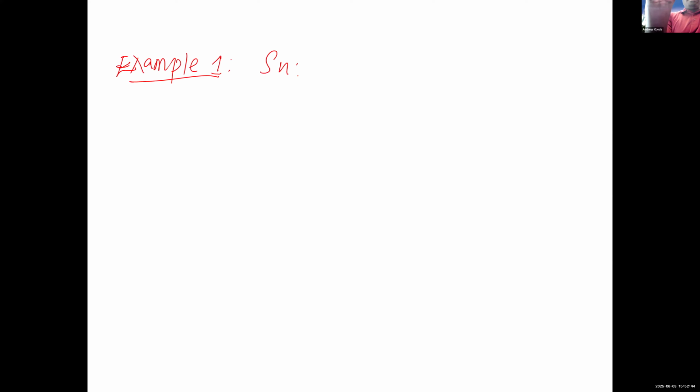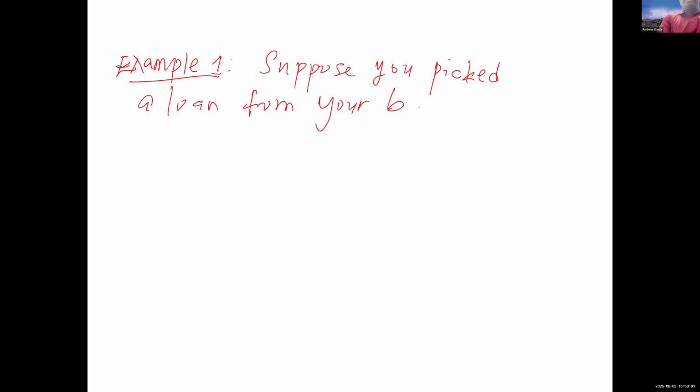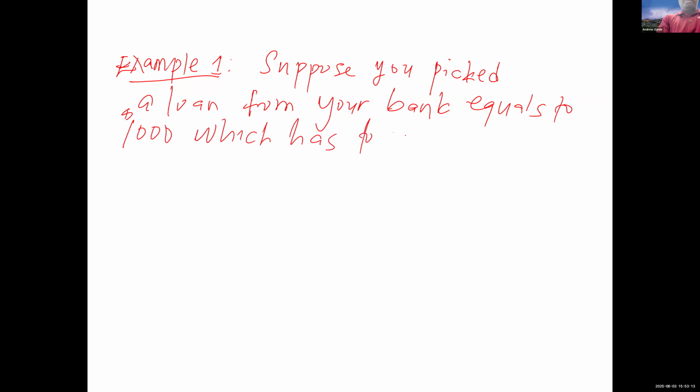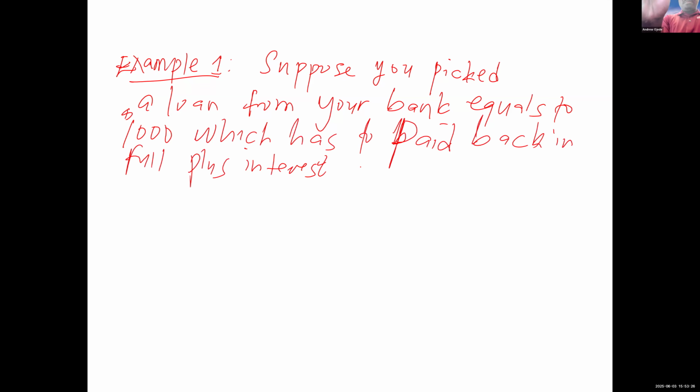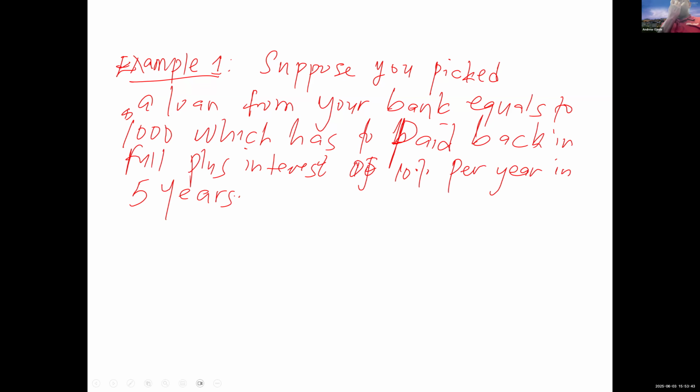Suppose you pick a loan from your bank equal to $1,000, which has to be paid back in full plus interest of 10% per year in 5 years. So your loan matures in 5 years. That means after 5 years, you're fully paid.